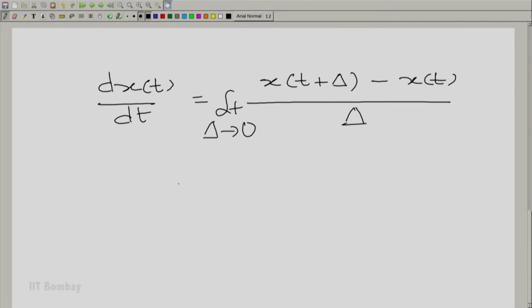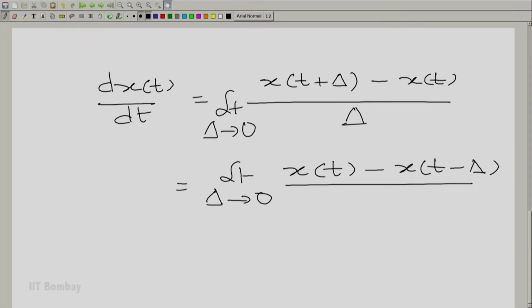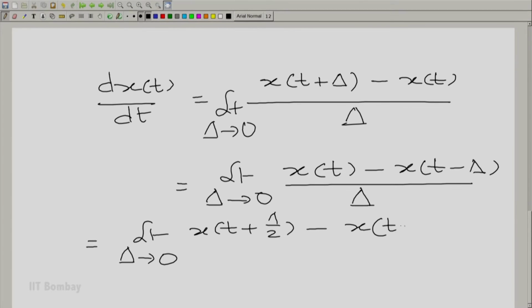Now, of course, this should also be equal to the limit as delta tends to 0 of x(t) minus x(t - delta), divided by delta, and for that matter also the limit as delta tends to 0 of x(t + delta/2) minus x(t - delta/2), divided by delta.